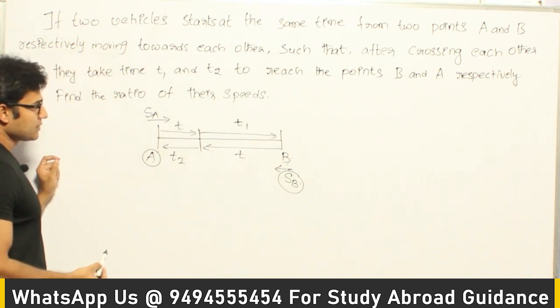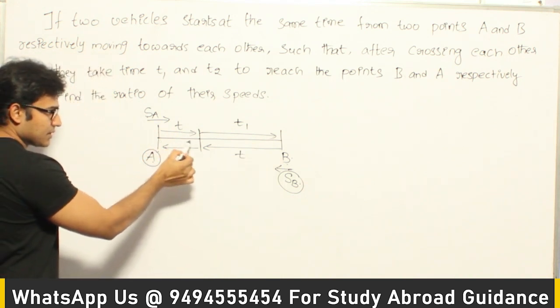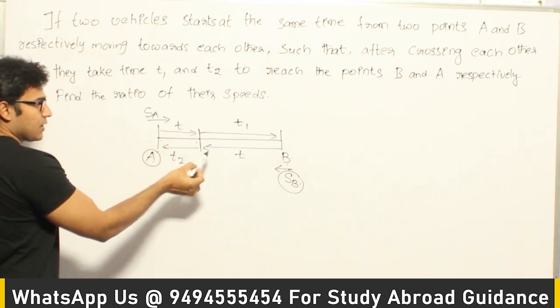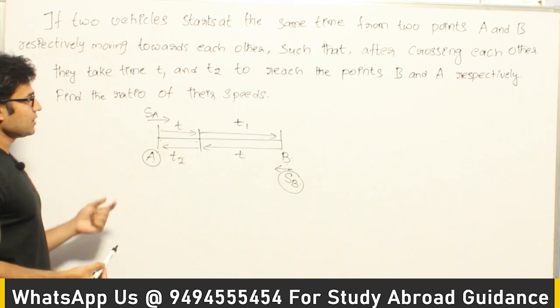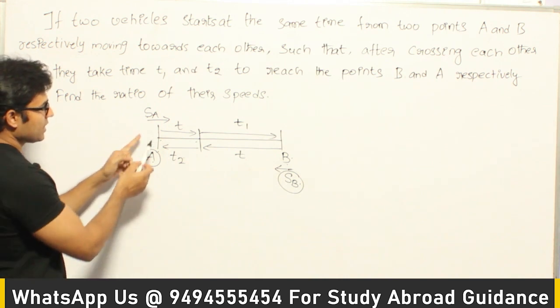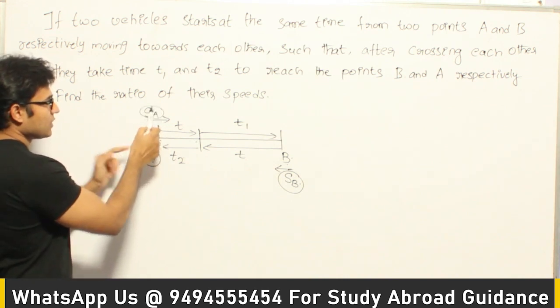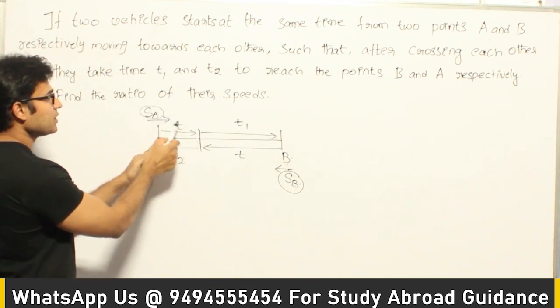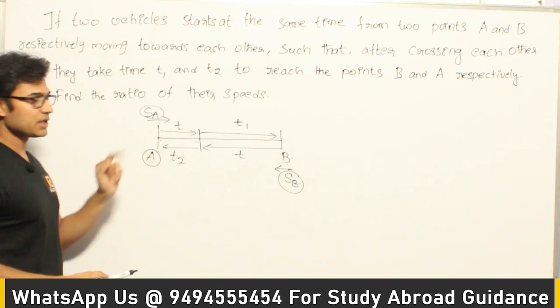Now if you observe, see what is the total distance covered by the vehicle starting from A, from here to here. It is equal to speed into time, isn't it?